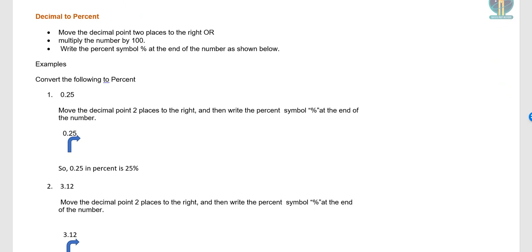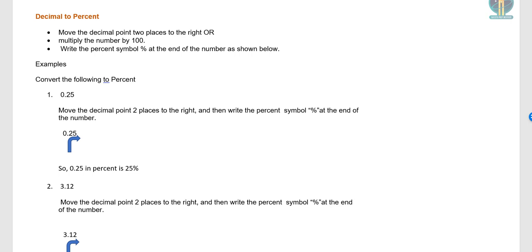The next subconcept here is converting a decimal to a percent. So we kind of went through this when converting from a fraction to a percent, right? The shortest way to get from a fraction to a percent is to go through a decimal. So convert the fraction to a decimal and then convert the decimal to a percent.